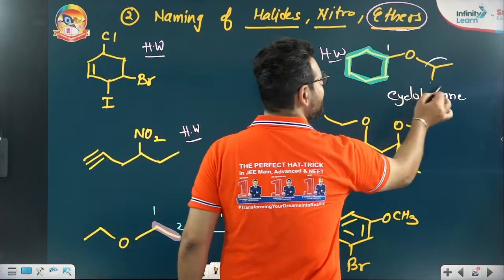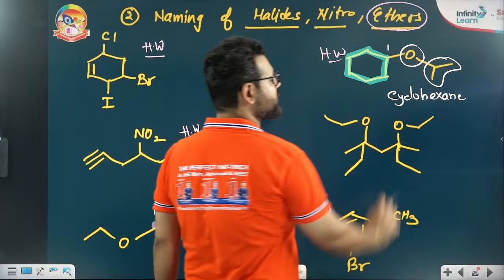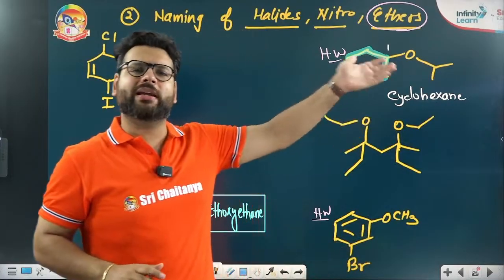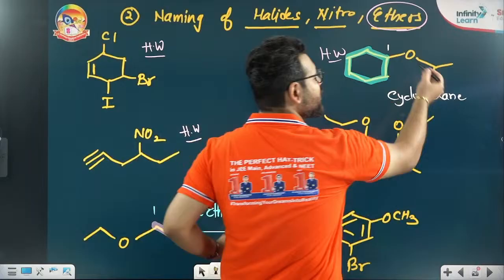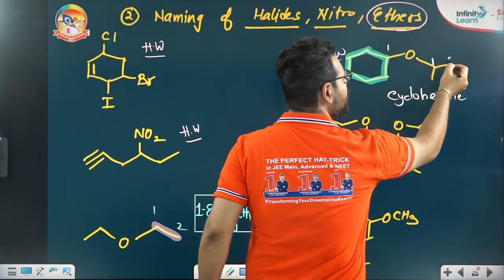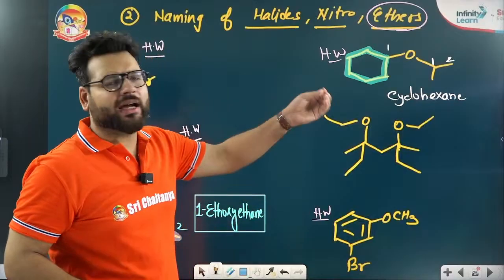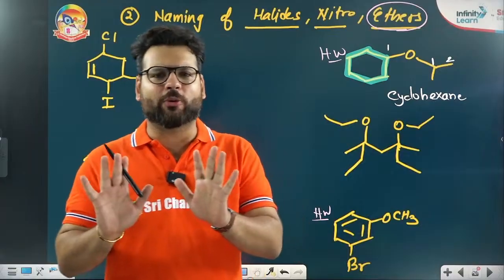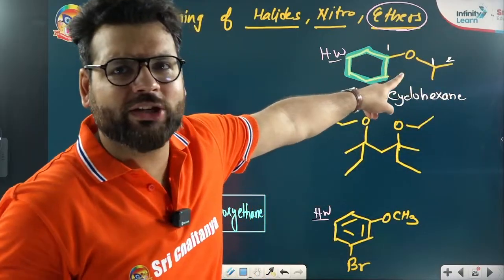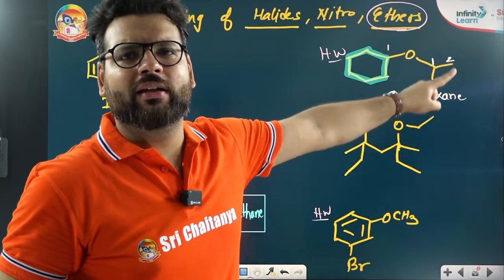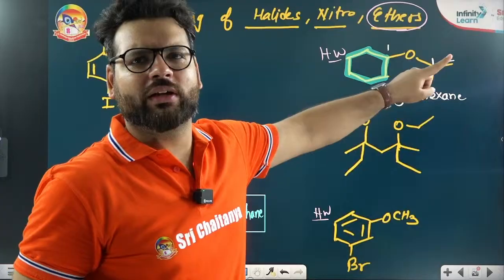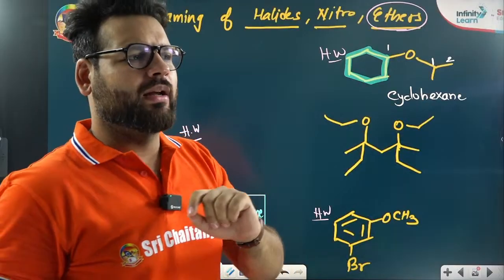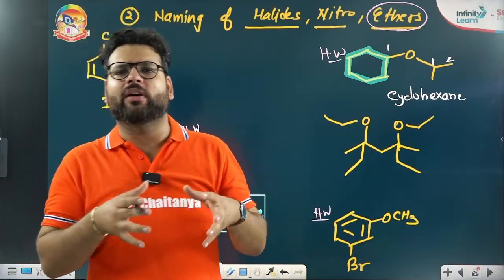At number 1 we have alk plus oxy. Alk is alkyl. This alkyl is a complex alkyl. I can call it 1 number, 2 number. It's a 1-methylethyl. What is this? 1-methylethyl or isopropyl. All of you know that this alkyl is isopropyl. So isopropyl is attached to oxygen.